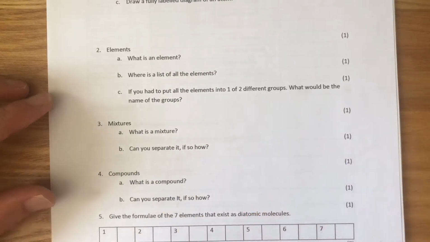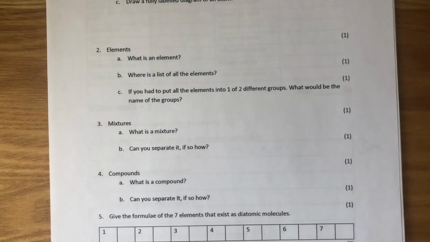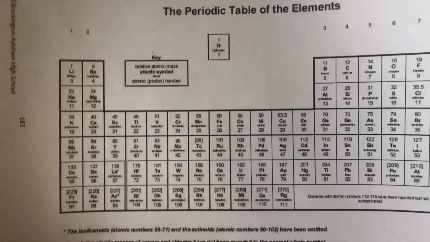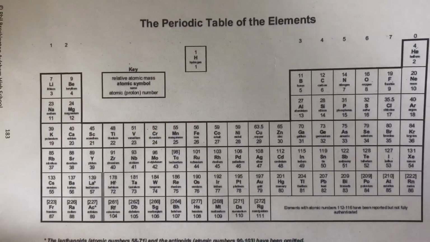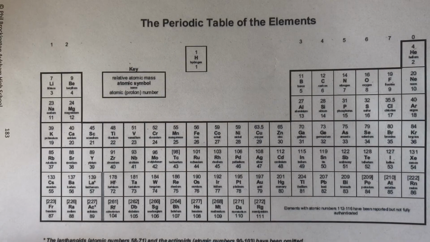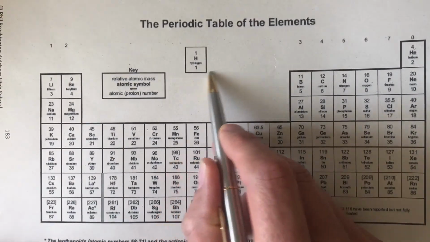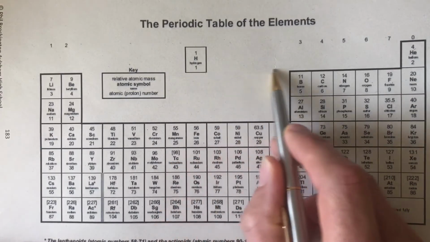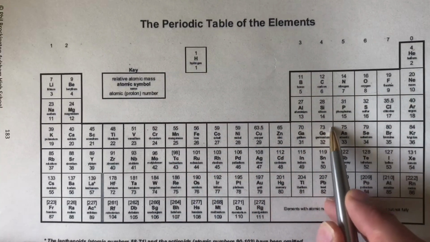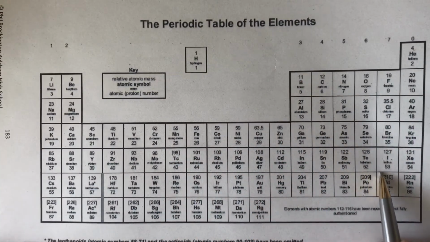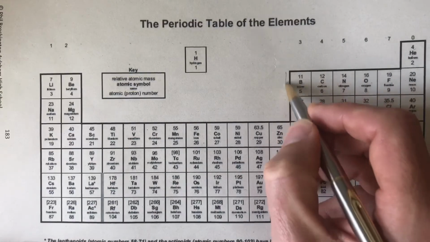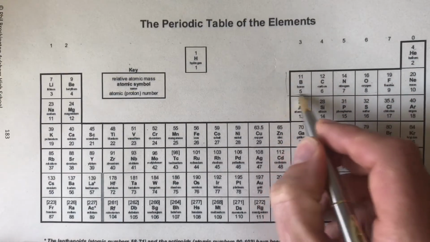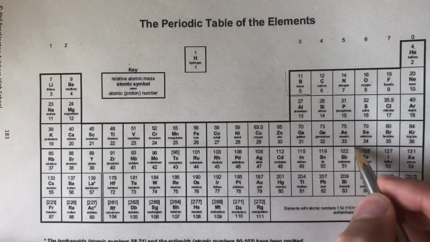Putting them into 2 different groups, so if we have a classroom full of students, we can put them into 2 groups by going down gender, male and female. Well, we don't have male and female elements, but we do have 2 distinct categories of elements. We have metals and non-metals, and of course the dividing line starts here, goes down there, and it steps down here like so. Okay, so that's the place to remember, and then it steps down.